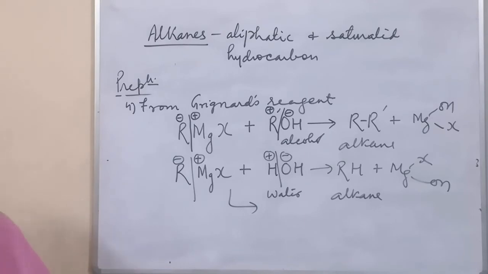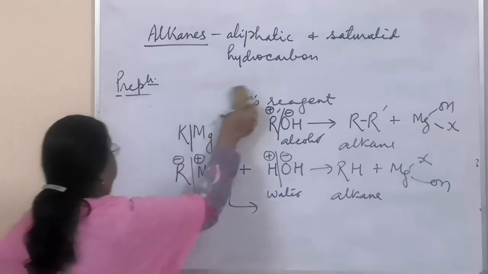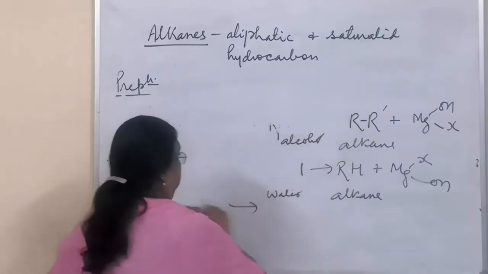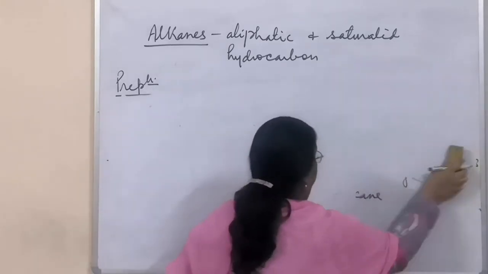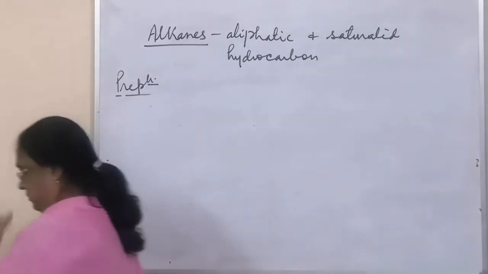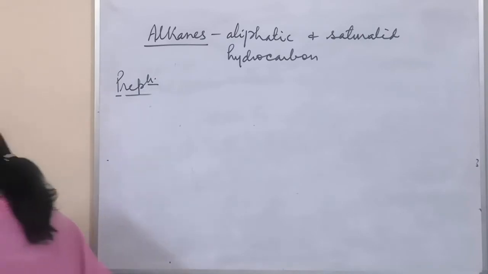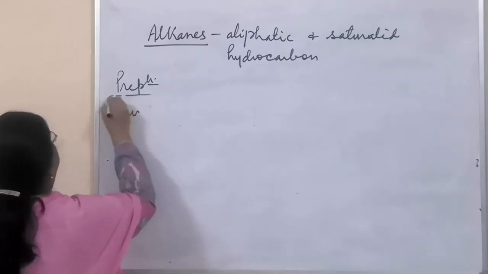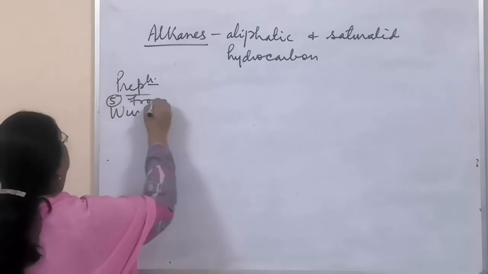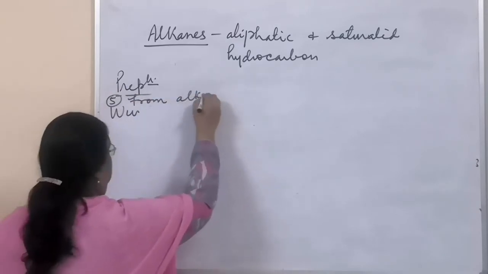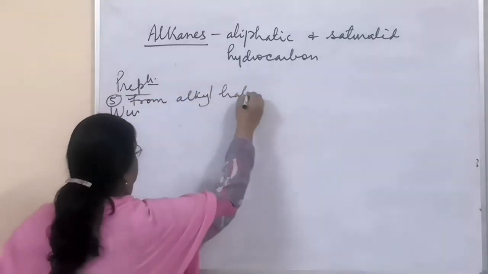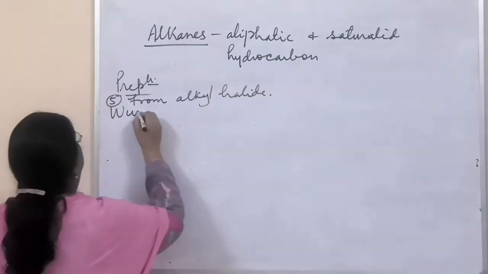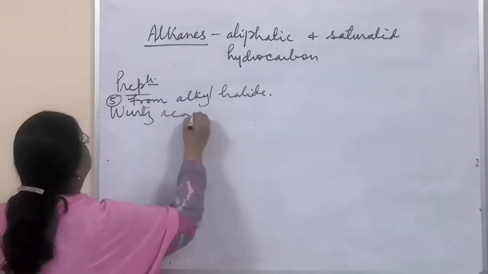Now the next reaction is Wood's reaction, fifth method, from alkyl halide, that is Wood's reaction.